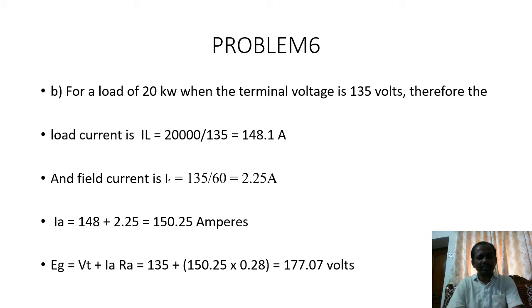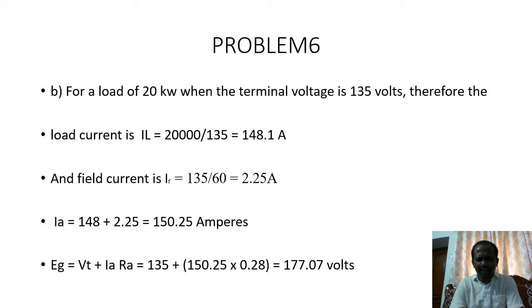Next, continue this problem. For a load of 20 kilowatt, when the terminal voltage is 135 volts. Before it was 60 kilowatt; here the load is 20 kilowatt. Now you can calculate the load current IL: 20,000 divided by 135 is 148.1 amperes.